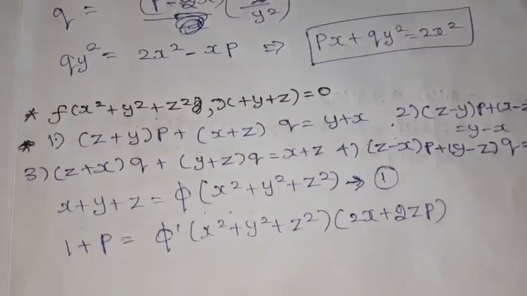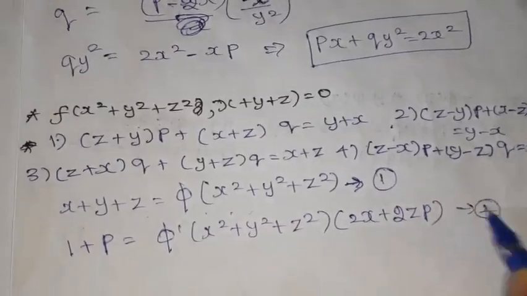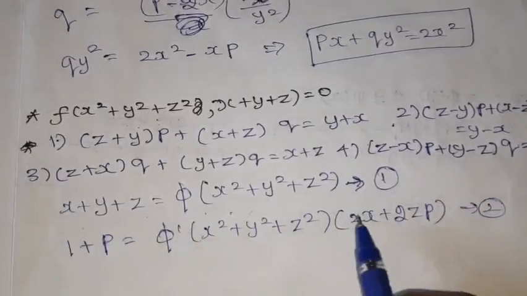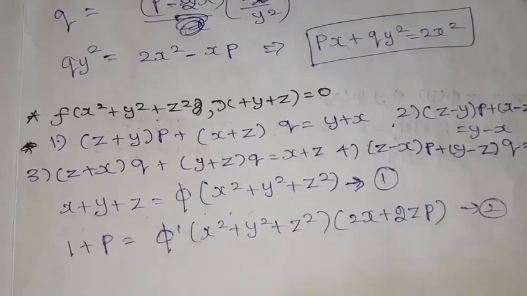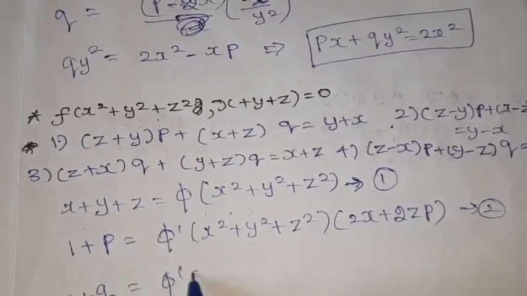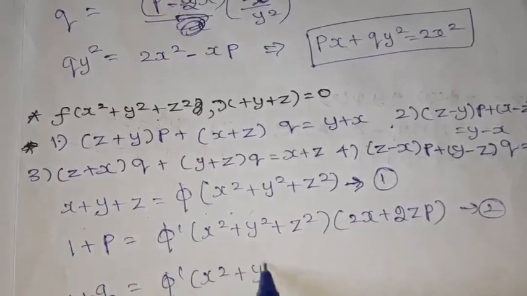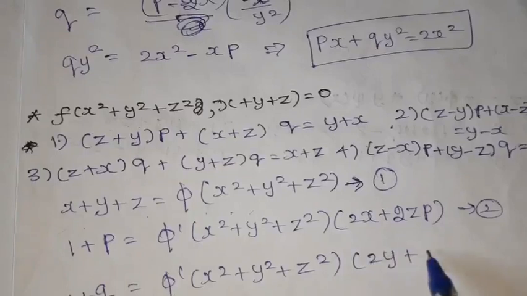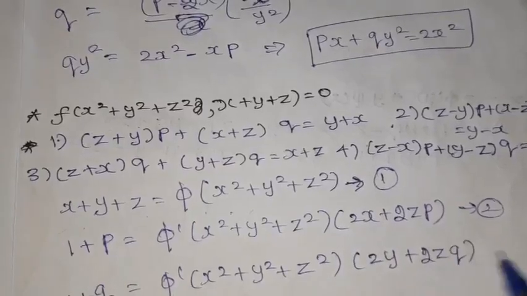This is equation 2. Then differentiate partially with respect to y. So 1 plus dou z by dou y, nothing but q. Then phi dash of x squared plus y squared plus z squared into 2y plus 2z into q. Say it is equation 3.